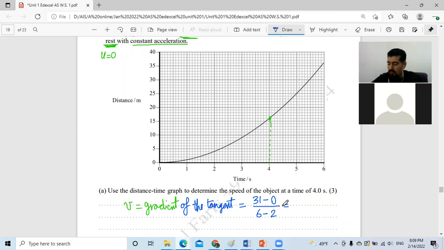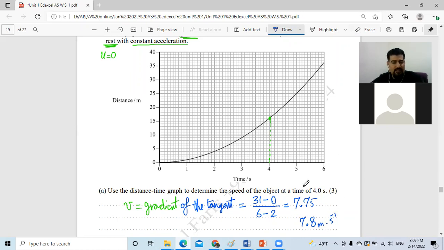The answer will be 31 divided by 4, which is approximately 7.75. So I'll put 7.8 meters per second.